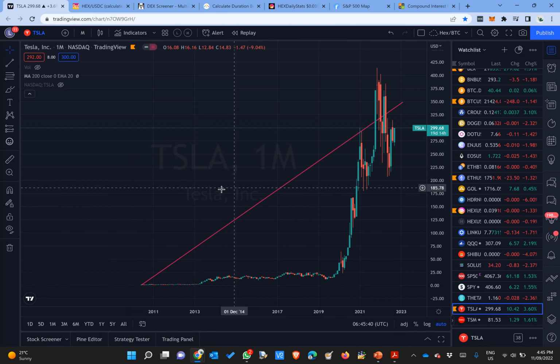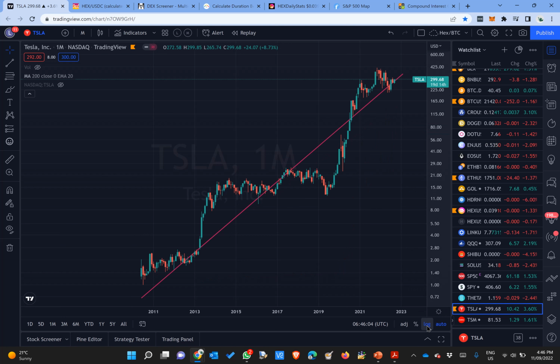The way we do it is, if you sign up for a free account at TradingView, normally if you look at the Tesla share price, you see a chart that looks like this. Now, this is not a good way to see the chart because in the beginning, it looks like a flat line. But being an exponentially growing company, you need to click this logarithmic scale.